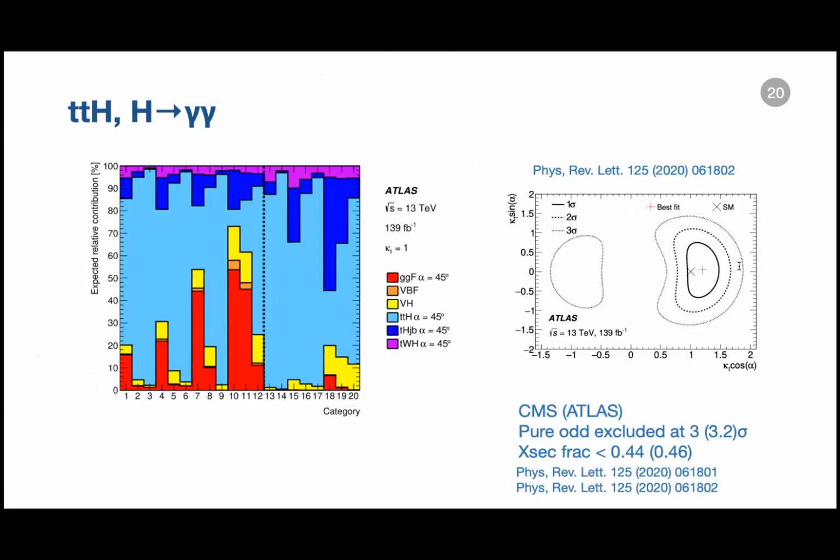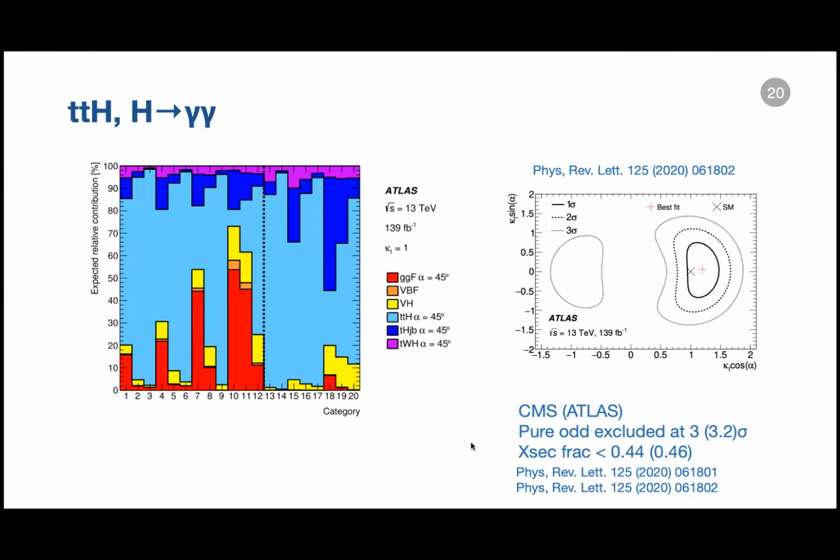And ATLAS also performs more or less the same studies. And these are the categories they designed. There are a lot of them, 20 categories, each designed to be sensitive to different components and CP components. And then this plot shows the fraction of events from different mixtures of ttH, tHq, and tHW. So ATLAS also gave a similar result on the constraint of the CP even and CP odd coupling constants.